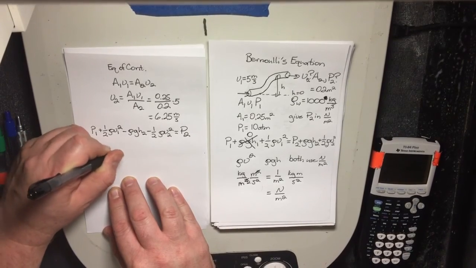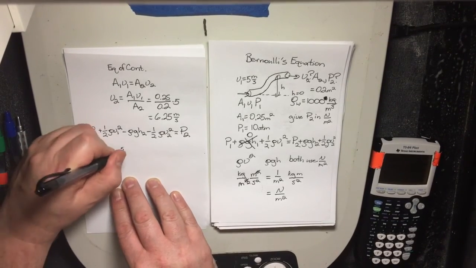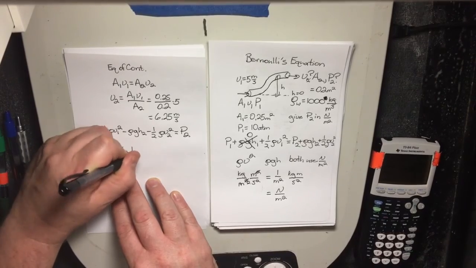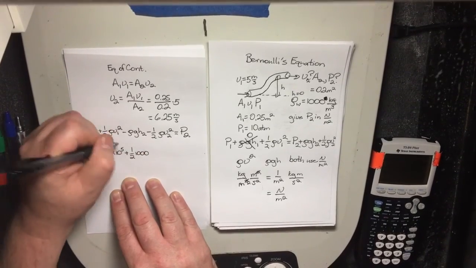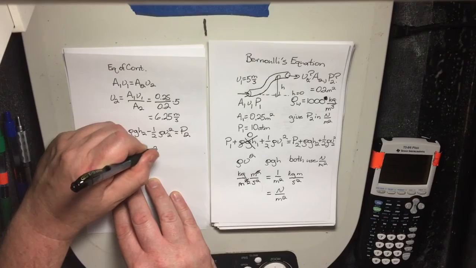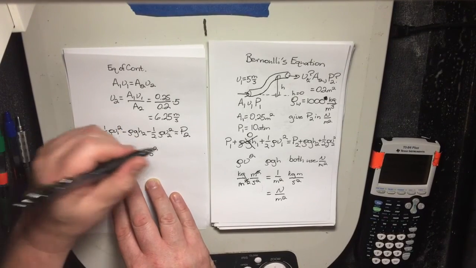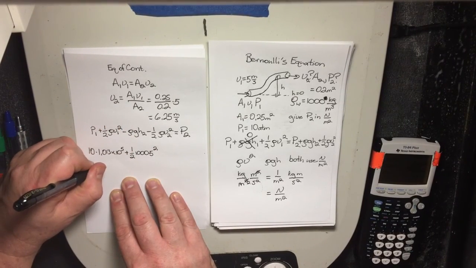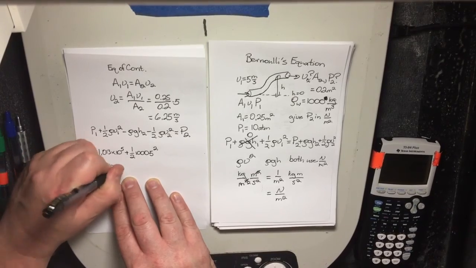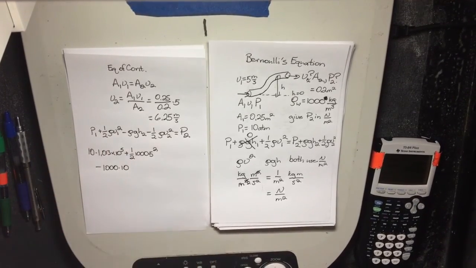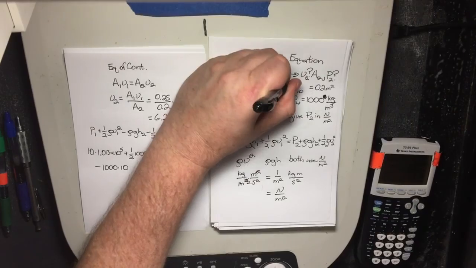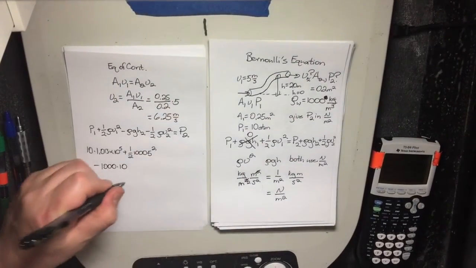1.013 times 10 to the 5th, plus 1/2 times 1,000 times V1 squared, 5 squared, minus 1,000 times 10 times, I didn't give a height, 20 meters.